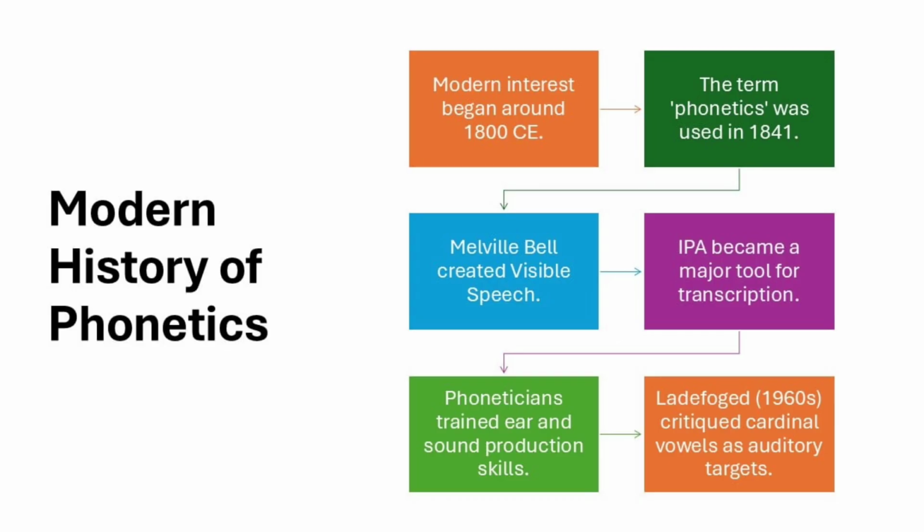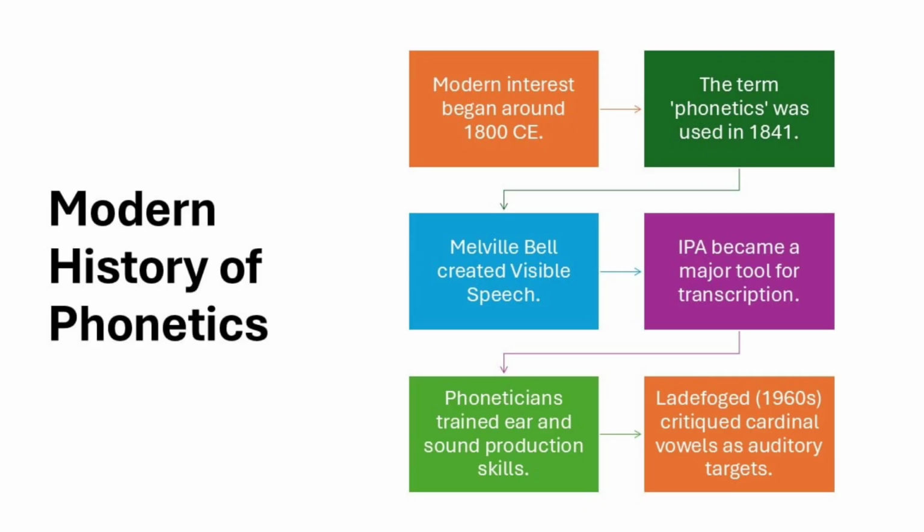Modern history of phonetics. After Panini, phonetics developed slowly in many countries. Greek and Roman grammarians studied language, but phonetics did not develop strongly. Then in modern times, phonetics became important again around 1800 CE. The term phonetics was used in the modern meaning around 1841.